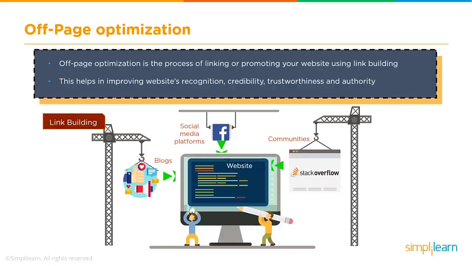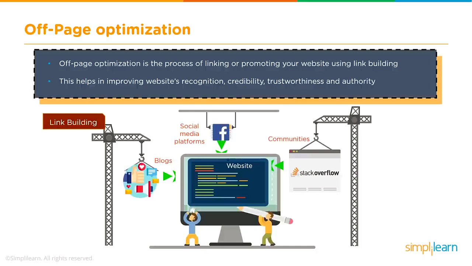Again, some of the benefits of off-page: we talked about being credible, trustworthy, and relevant. We need to do that in order to rank. But there are some other benefits. If we have a link on another credible website, then it's likely going to increase the traffic to our own website. It also creates high domain authority.